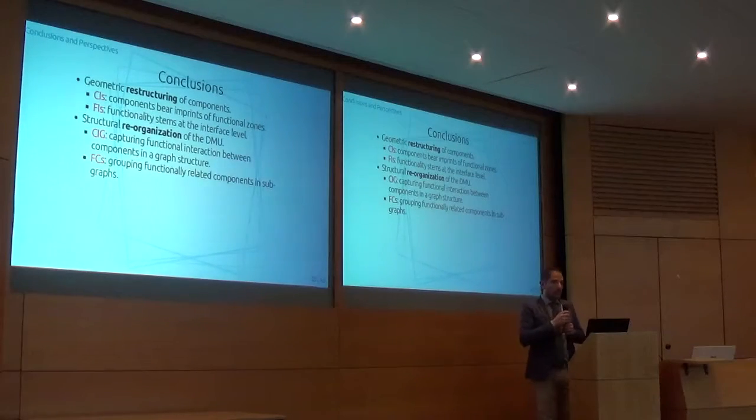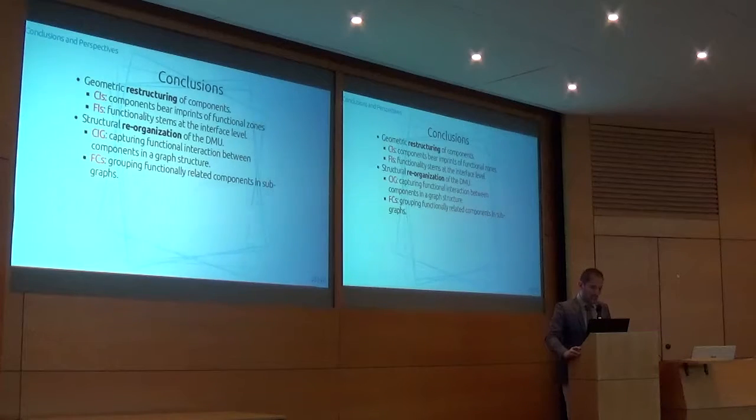The DMU as well has been restructured functionally. We defined a new functionally significant graph structure thanks to the conventional interface graph, and then groups in the DMU have been regrouped in functional subsets that are referred to as functional clusters and labeled by their functional designations.